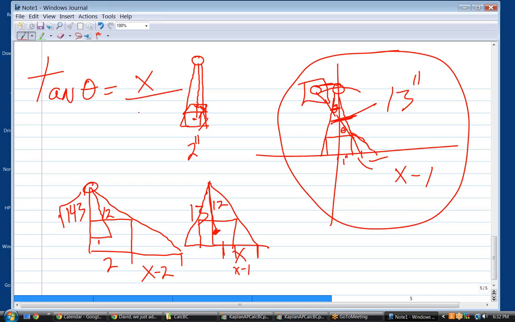At y? Tangent of theta is going to be x over y of that triangle.